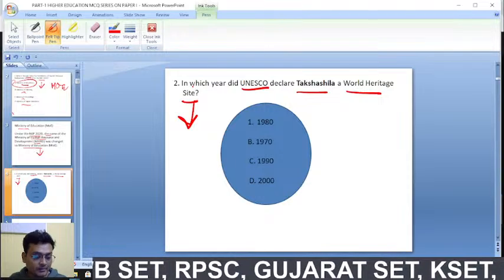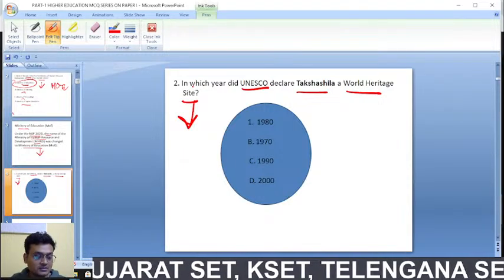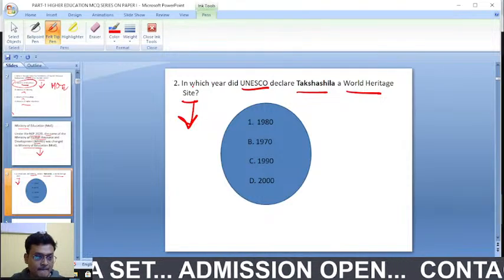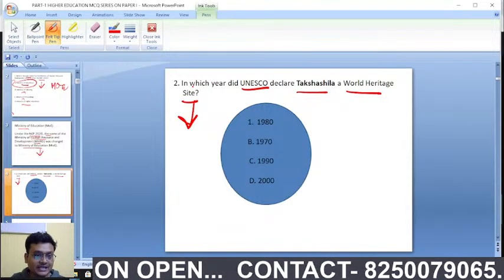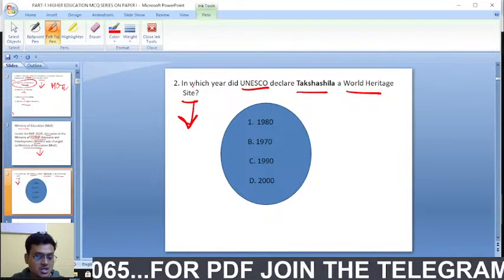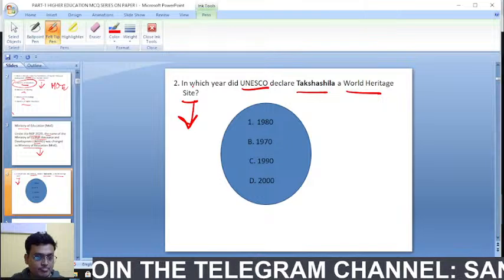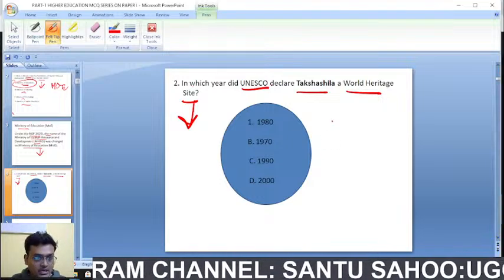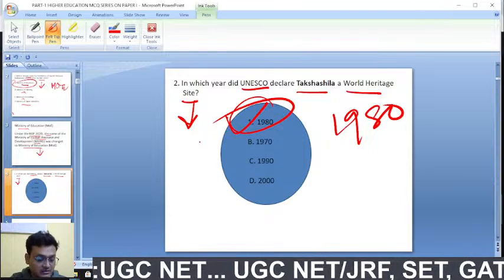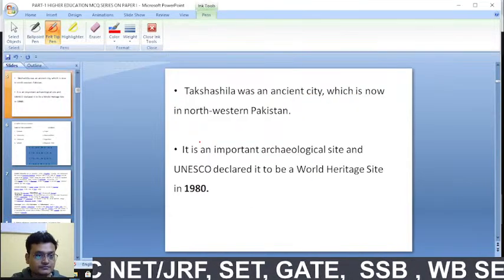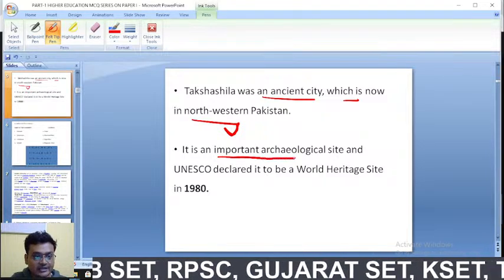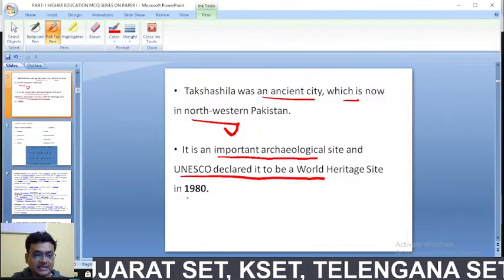Taxila is now in present day Pakistan, in the northwestern part of Pakistan. 1980 is the right answer. Well done. Taxila was an ancient city which is now in northwestern Pakistan. It is an important archaeological site and UNESCO declared it to be a World Heritage Site in 1980.